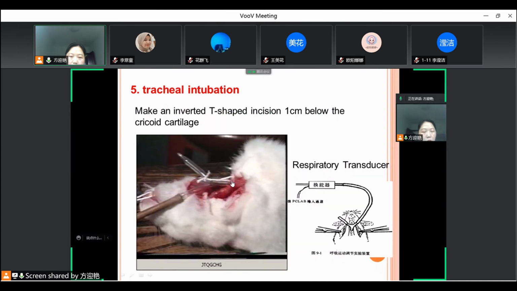We can see here that they cut the inverted T-shaped incision.